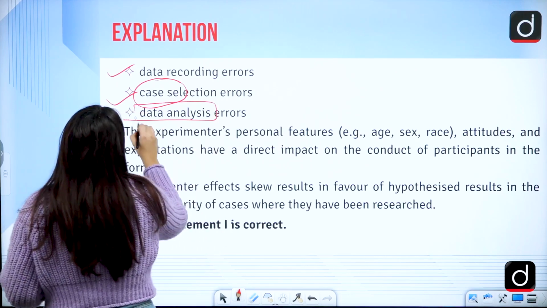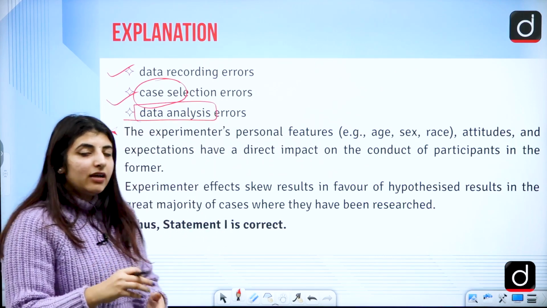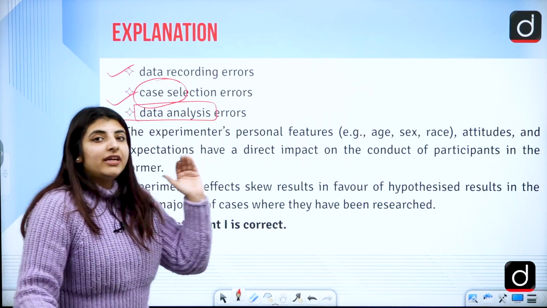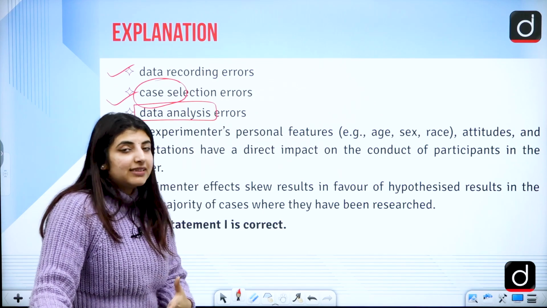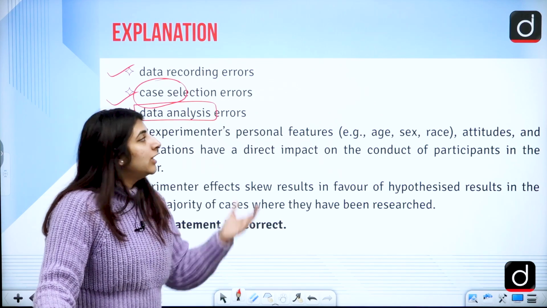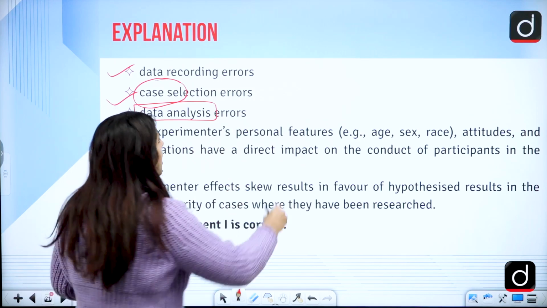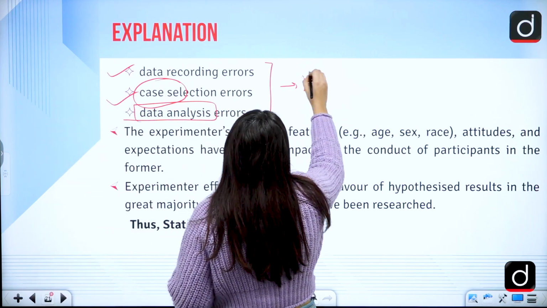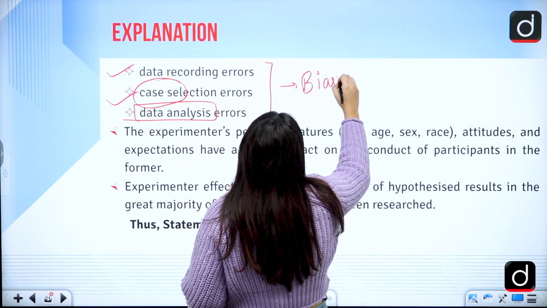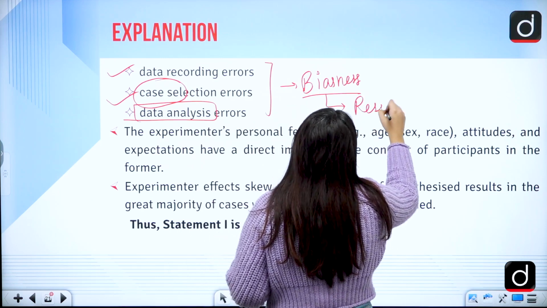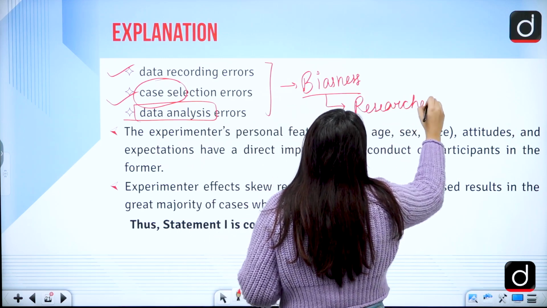And data analysis errors, which means that even if the data is collected and analyzed, you are quoting the results which are based on your personal choices. So these 4 things all come from the bias which can be seen in the researcher or the experimenter.